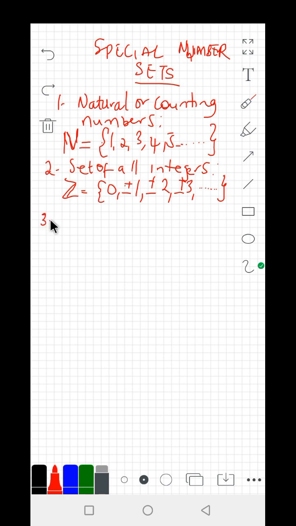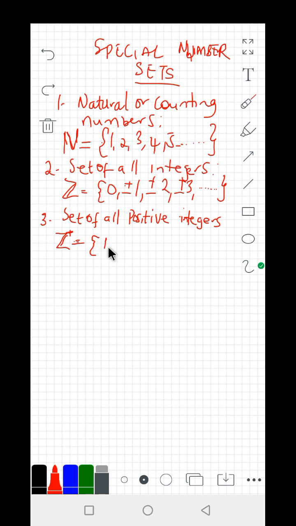The third one is the set of all positive integers. It is represented as the letter Z with a plus sign on top, and it contains all the positive integers.